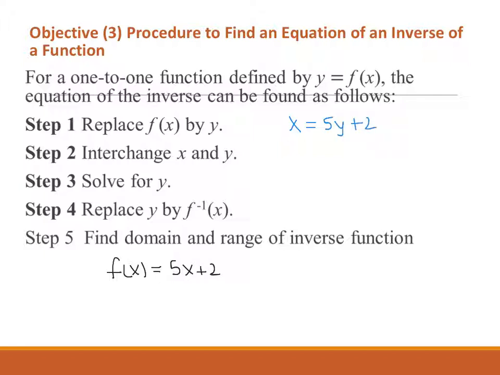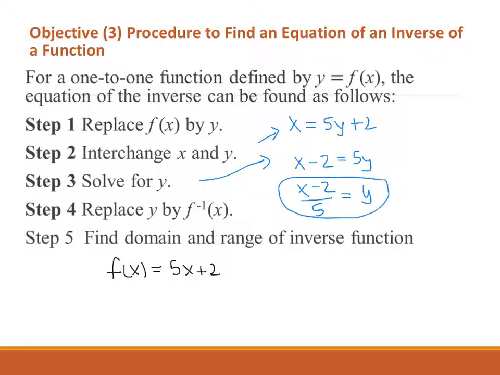And now we solve for y. So now we're going to get x minus 2 is equal to 5y, which means that x minus 2 over 5 is equal to y. And so now this is our inverse function, so we can write it as f to the minus 1 is equal to x minus 2 over 5.